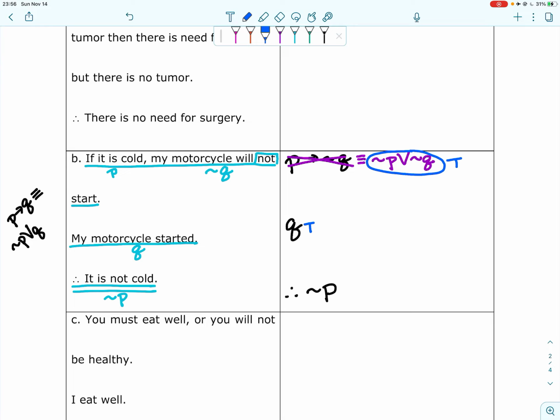So basically, each sentence I was given in my premises, I'm assuming is true. Because the first sentence was made up of two simple statements, I don't know whether those simple statements are true or not. All I know is that the combination of them is true. But the second sentence, my motorcycle started, is true on its own because it's by itself. So each line here I'm assuming is true.